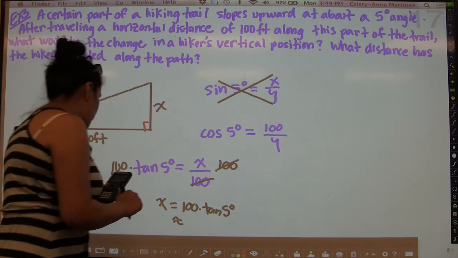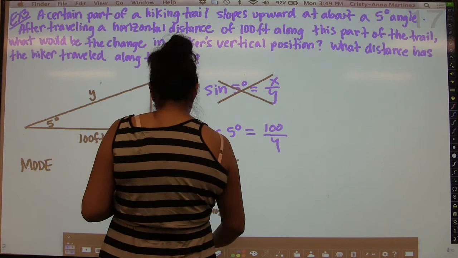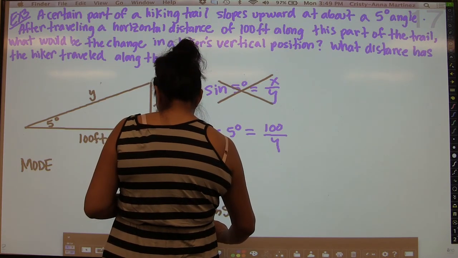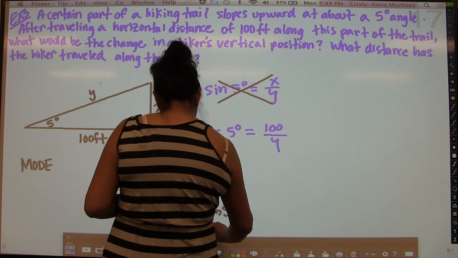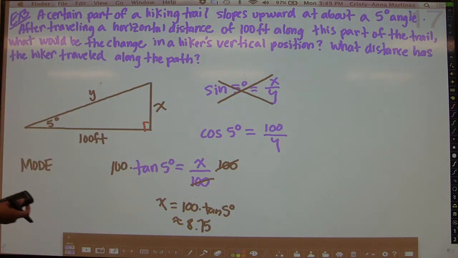It says it's approximately 8. They didn't say what they want us to round it to, but we're going to stay consistent and go to the nearest hundredth, so 8.75. So the hiker's vertical position is 8.75 feet.